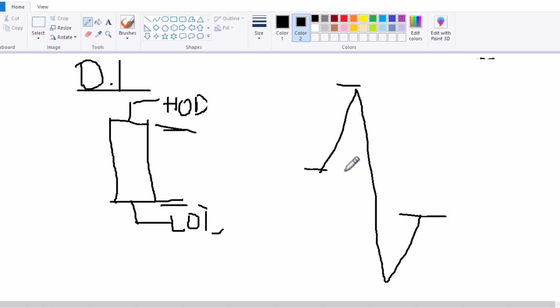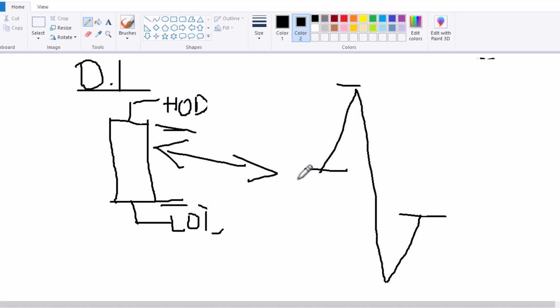This is the representation of this chart in a line chart form. So here we have two opportunities to make money from this market, just by understanding how the candle on the daily works.